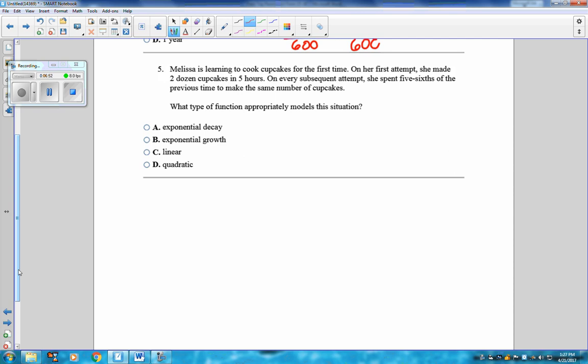So, because she starts off at 5 hours to make the same 2 dozen cupcakes, if she spends 5/6 of 5 hours, she's going to spend about 4.6 repeating.